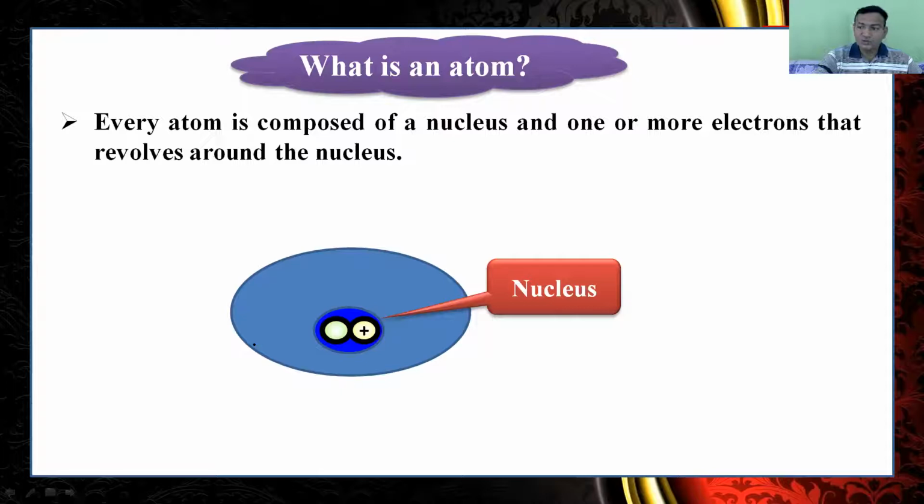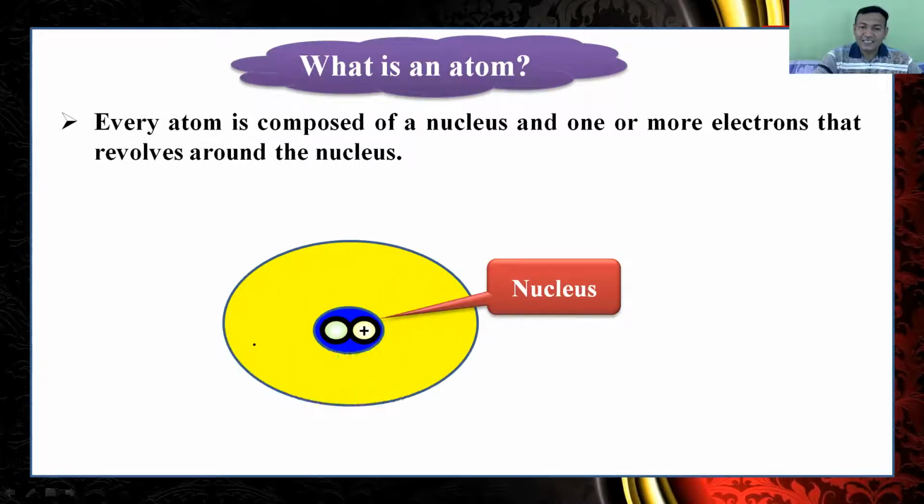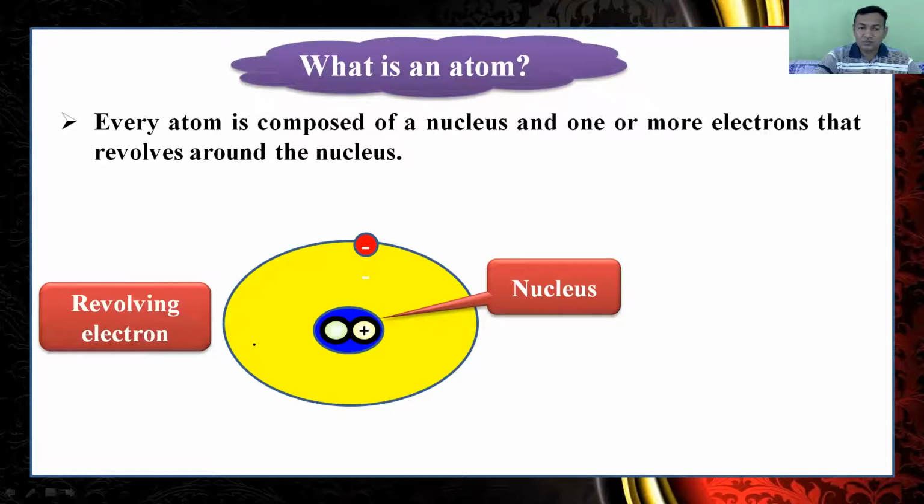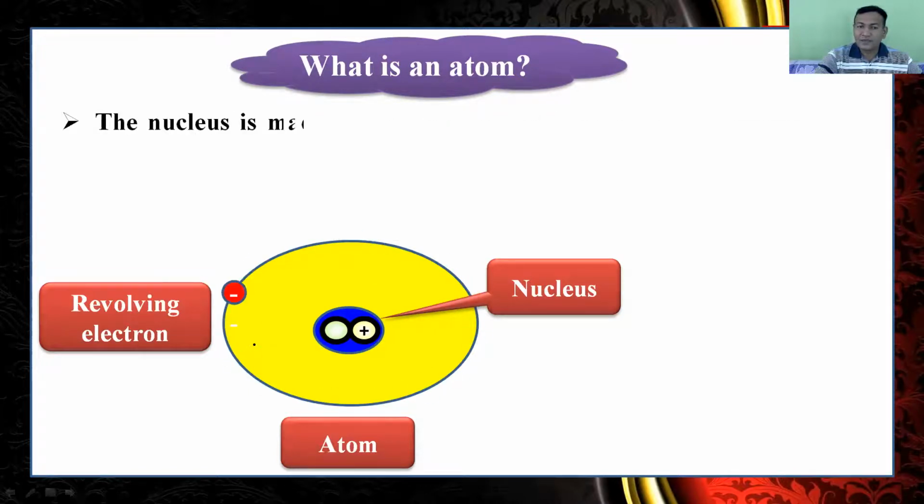So hope you remember what it is, right? And this is surrounded by electrons, which are called revolving electrons, right? So total we can say this is the atom, and the electrons are revolving around this nucleus, right?